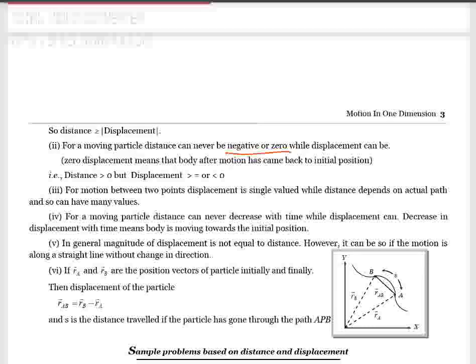Displacement can be negative or positive, but distance is always positive. Distance is always greater than 0. And displacement can be either negative, positive, or 0. But distance is always greater than 0, it cannot be negative.